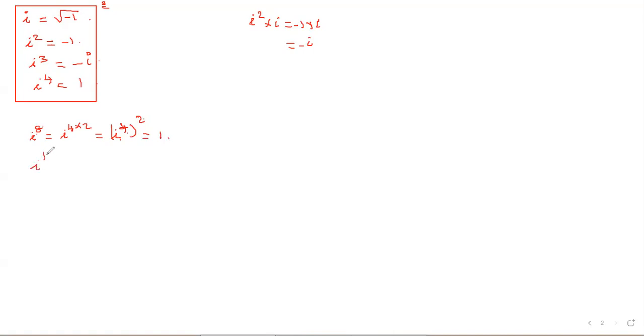Similarly i power 12 is i power 4 whole power 3, which is 1. So if you take any number in the power with a multiple of 4, we get 1. That is i power 4n is equal to 1.